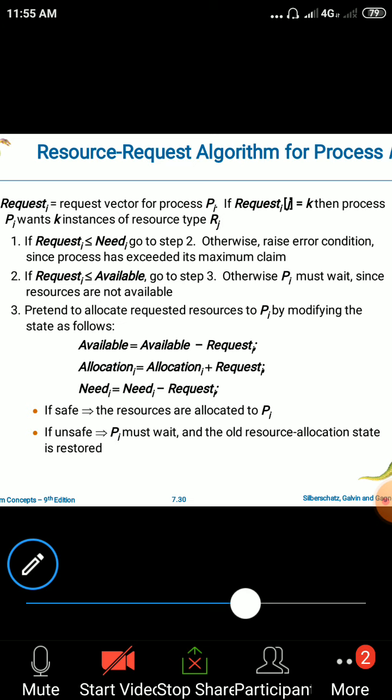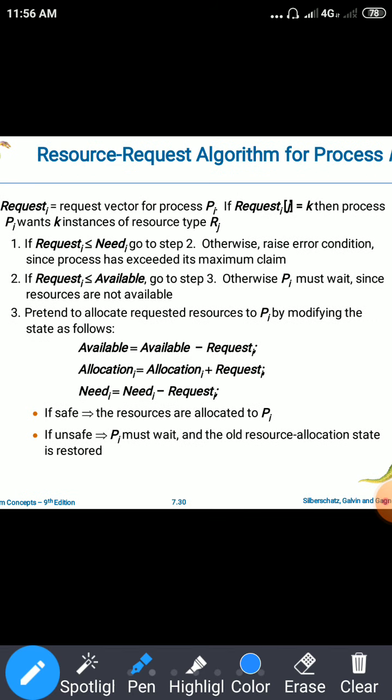Currently it is holding 1 and it is requesting one more CPU. So now what is the need? Total required is 3, currently 1 is already allocated. Then what is the need? It requires 2 more. So the need is 2 and it is requesting only 1. Now we will check if the request is less than or equal to the need.